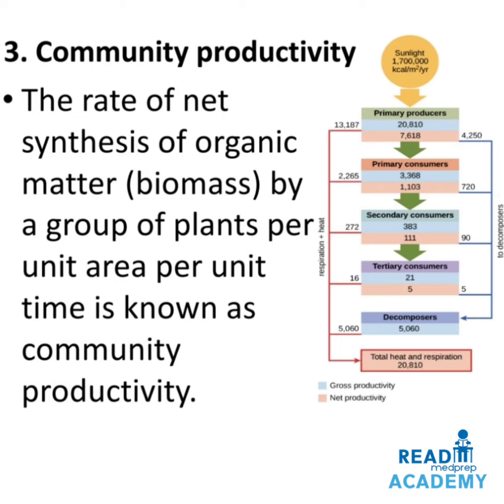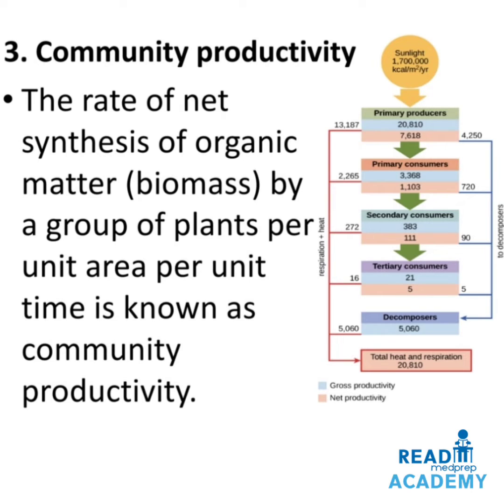What is community productivity? The rate of net synthesis of organic matter or biomass by a group of plants per unit area per unit time is known as community productivity. Here you can see in this image on the right side, the sunlight produces 17 lakh kilocalories per meter square per year.